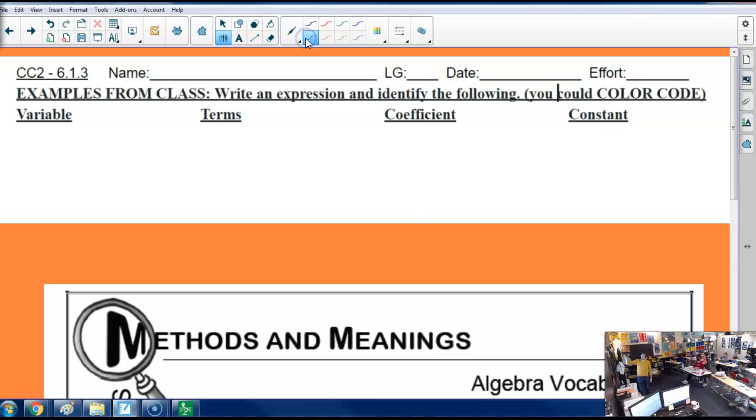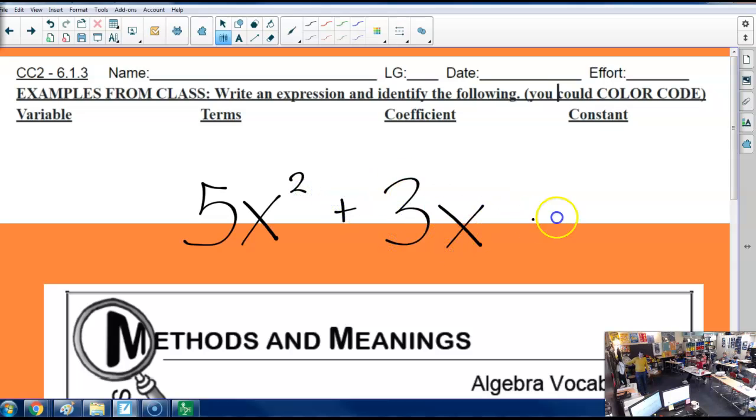So if I wrote out an expression, and you don't have to write the same expression as me, but if I wrote out like 5x squared plus 3x minus 7, something like that.